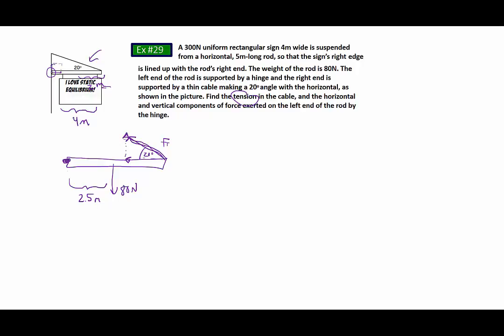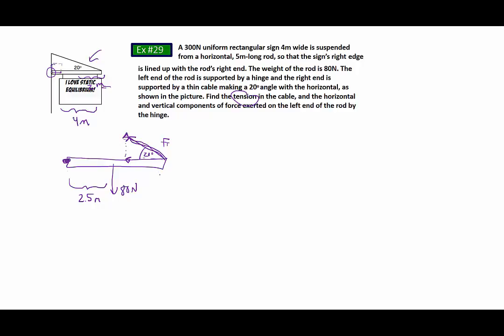And because the sign is at the edge of the bar, the center of the sign is where I'm going to treat the sign as pulling down on the rod, at 2 meters. I'm going to assume the sign is pulling equally. I'm going to treat it as center of mass, so in effect the sign is pulling down at the center of the sign, which was 2 meters away, and that sign was 300 newtons.